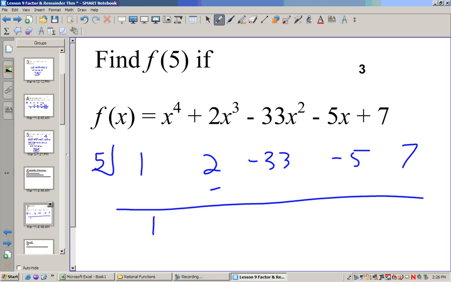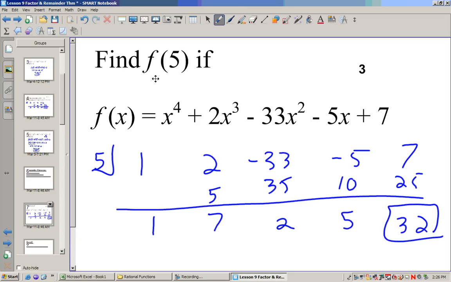So we have 1, 5, 7, 35, 2, 10, 5, 25, and now this becomes 32. So f of 5 is equal to 32. That's pretty easy.